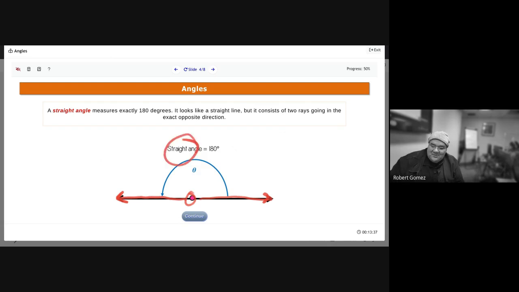A straight angle is 180 degrees. What's 180 degrees? Well, remember, when we measure angles, what we're measuring is the distance between the two rays. So that's how we determine angle. What is that distance? In this case, it's 180 degrees, right?